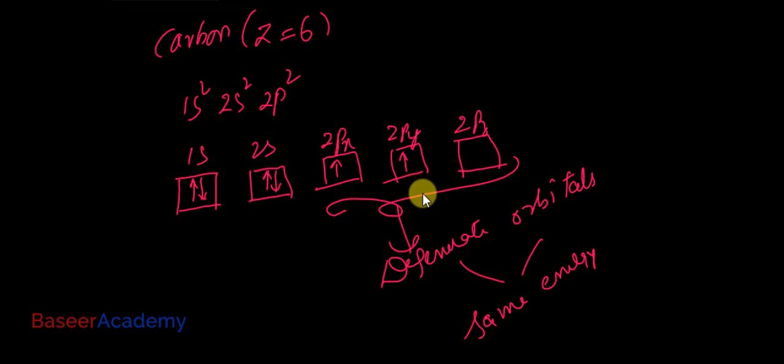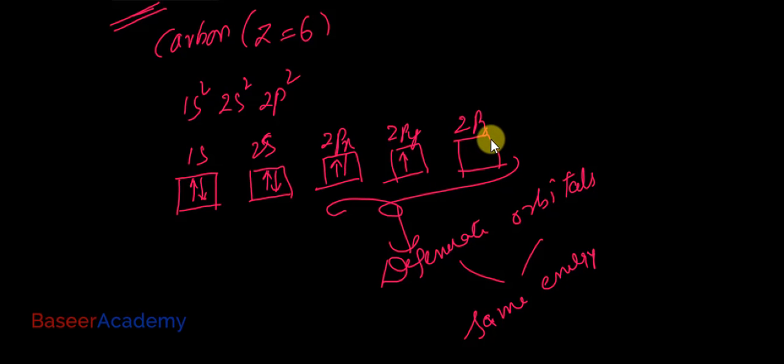So in degenerate orbitals, electron pairing will not take place until all the degenerate orbitals are occupied by one electron each. So Hund's rule states that electron pairing takes place only after all degenerate orbitals are occupied by one electron each. If I have one more electron, that electron will not get paired here because these are degenerate orbitals.